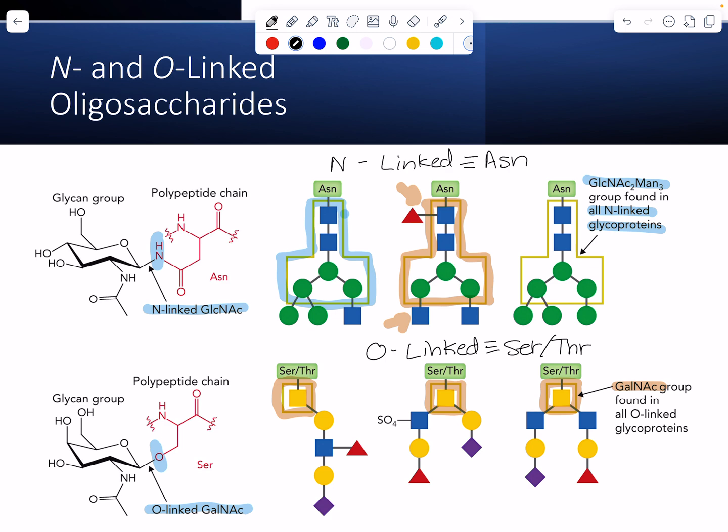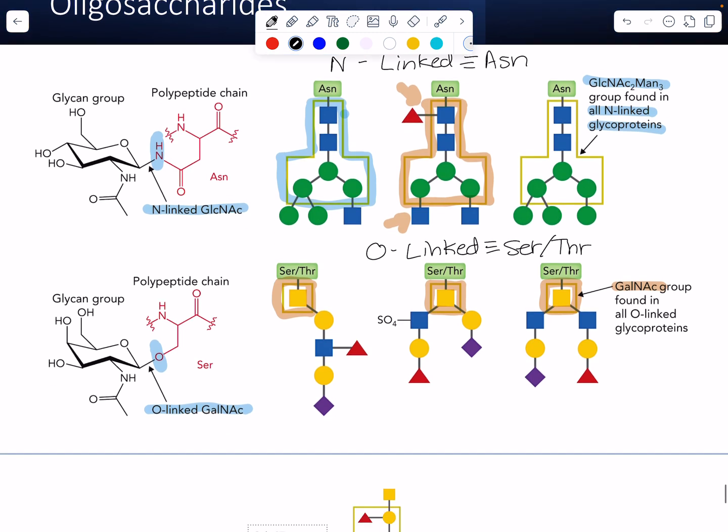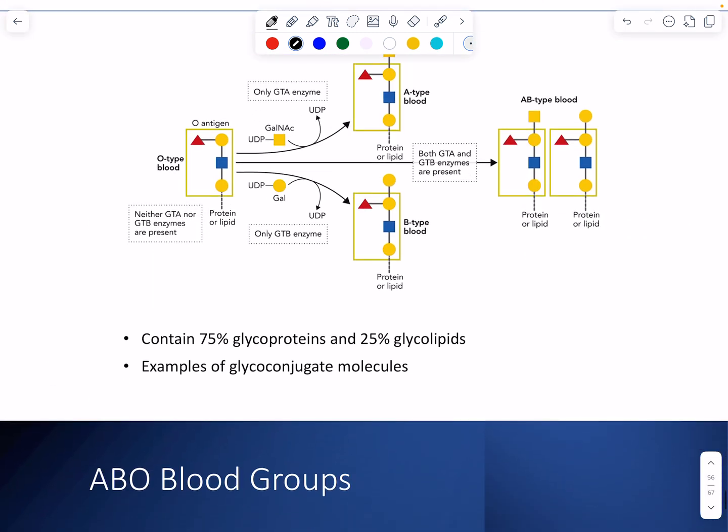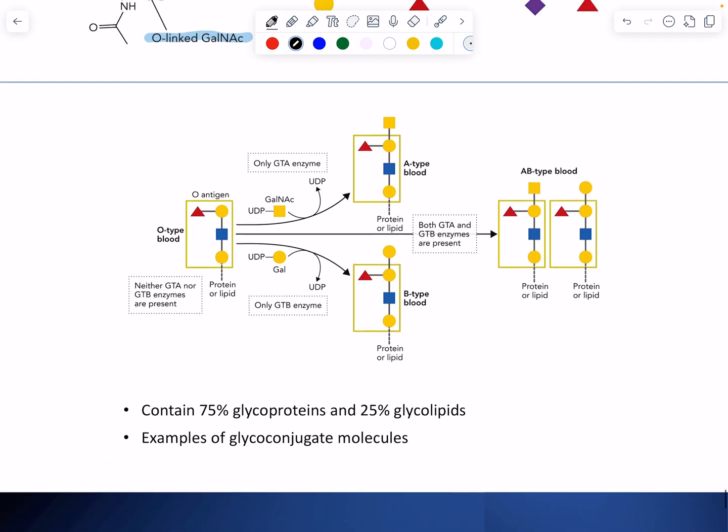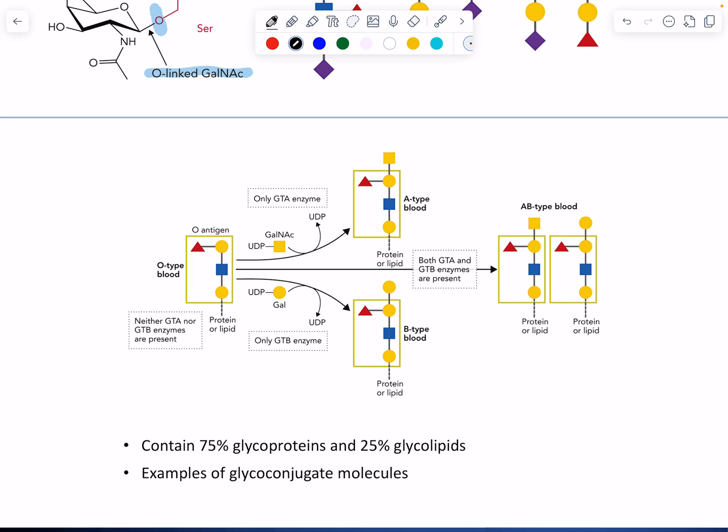Okay, so our final example that we're going to use of specific recognition is the ABO blood groups. Human ABO blood groups are determined by the expression of one, both, or neither of 2 specific enzymes.